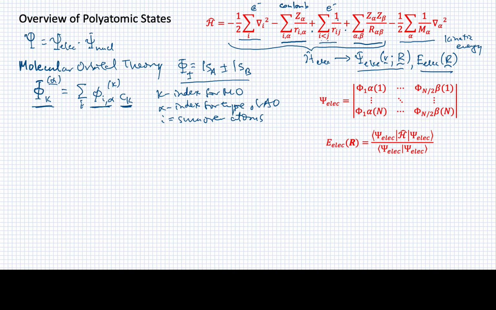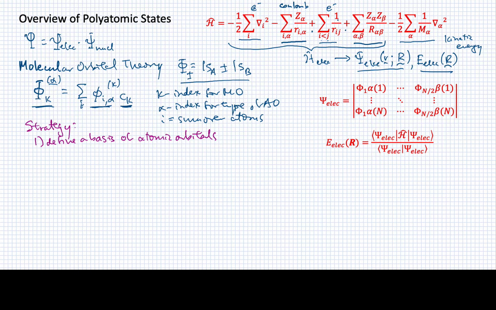Now, how do we do this in practice? There's a very particular strategy involved in molecular orbital theory, at least in most executions of molecular orbital theory. The first step is we define a basis. And I'm going to say a basis of atomic orbitals. Now, this may seem very easy.